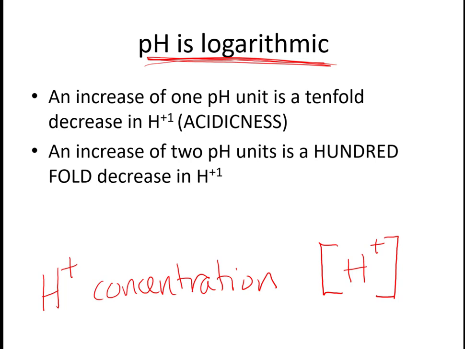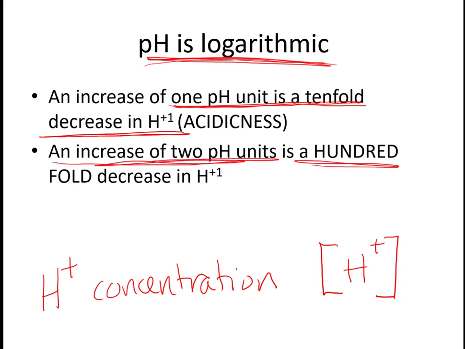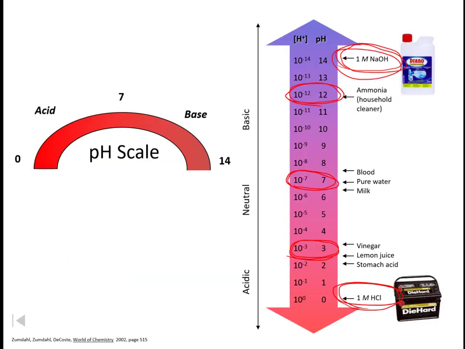So an increase of 1 pH unit is a tenfold decrease in our hydrogen ion concentration or acidicness. An increase of 2 pH units would be a 100-fold decrease in hydrogen ion concentration. And that's because every step on the pH scale is like moving 10 steps.